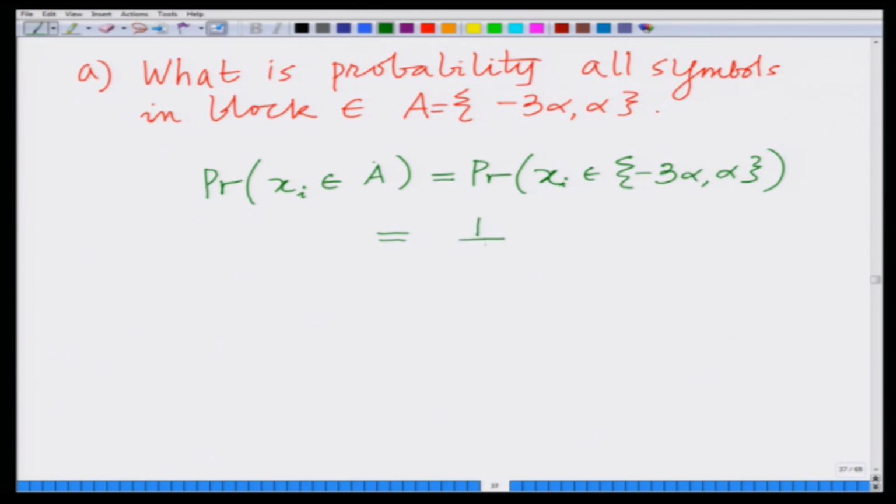This is basically equal to 1 by 8 plus 1 by 4, that is equal to 3 by 8.